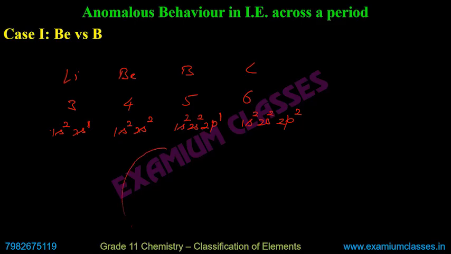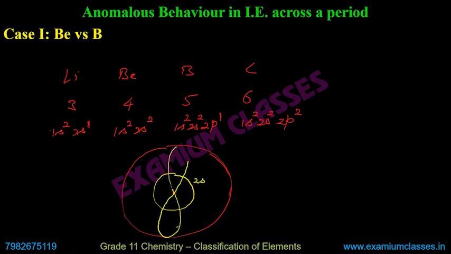And if this is the second shell, then the 2s orbital will be like this. 2s will be like this. And 2p size is much greater than s.